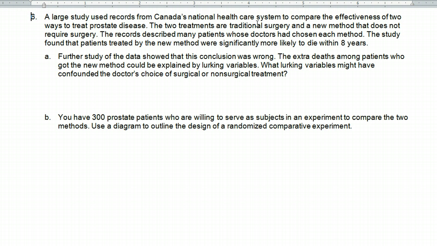The study found that patients treated by the new method were significantly more likely to die within 8 years. Further study of the data showed that this conclusion was wrong. The extra deaths among patients who got the new method could be explained by lurking variables. What lurking variables might have confounded the doctor's choice of surgical or non-surgical treatment?